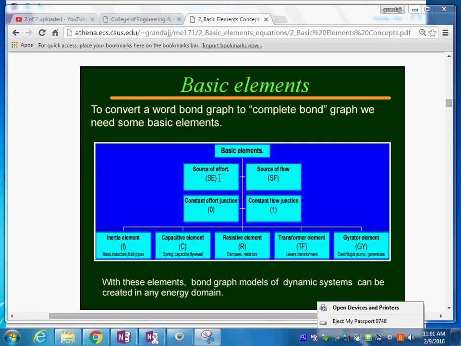When I say effort, it could be a force, a torque, a pressure, or a voltage. But when I say source of flow, it could be a source of velocity, of current, of volume flow rate, or of angular velocity.